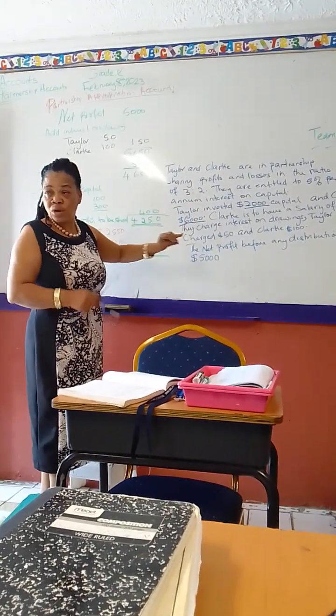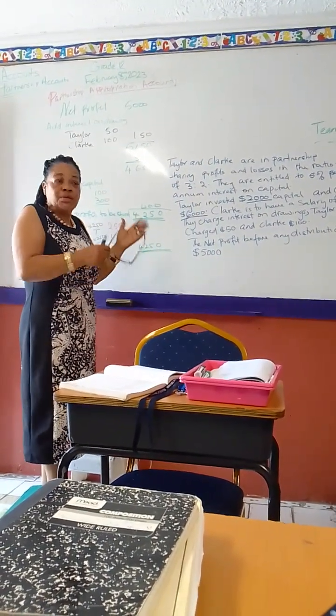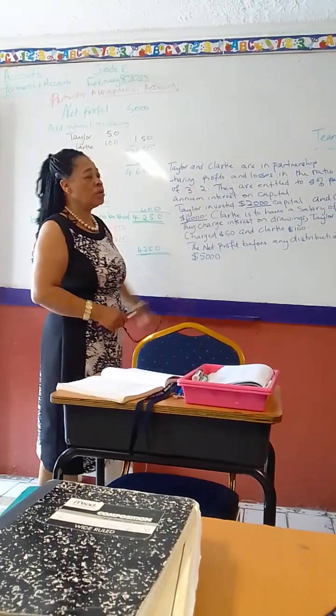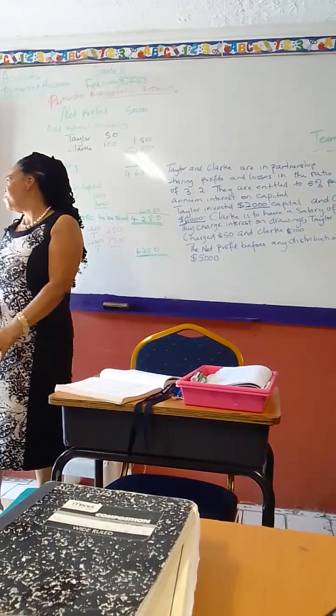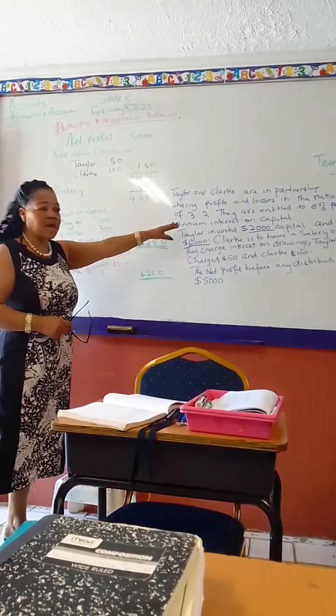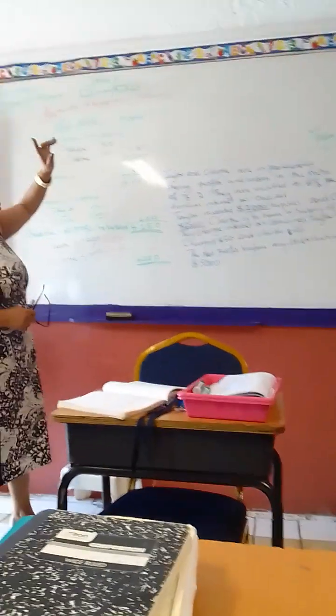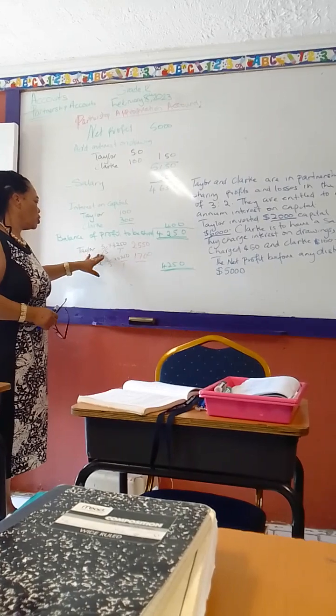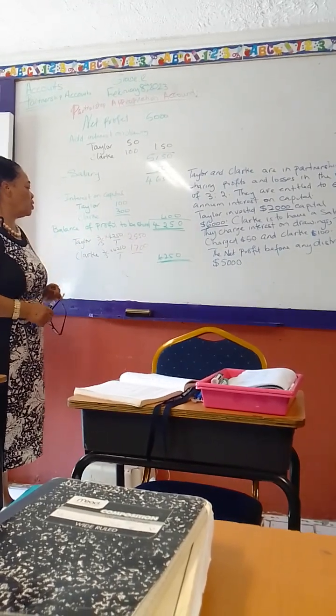Ratio in maths. The profit is to be shared in the ratio of 3 to 2. So, the total number of parts is going to be 5. And Taylor is going to get 3 out of 5 times 4,250.